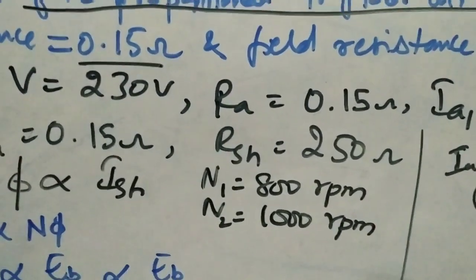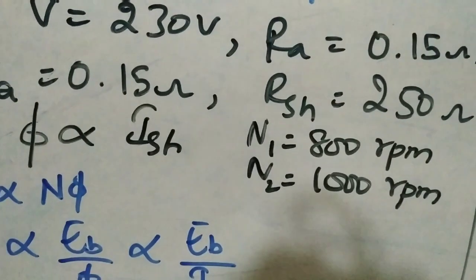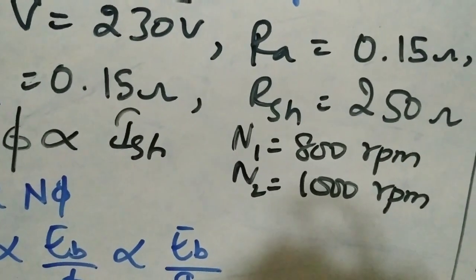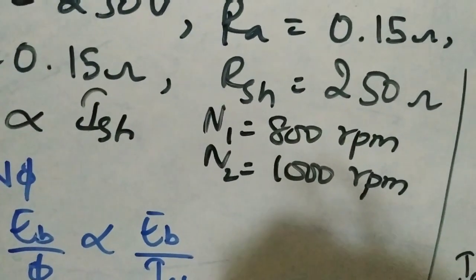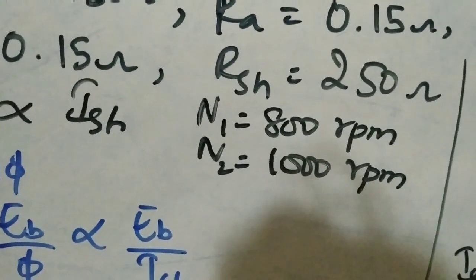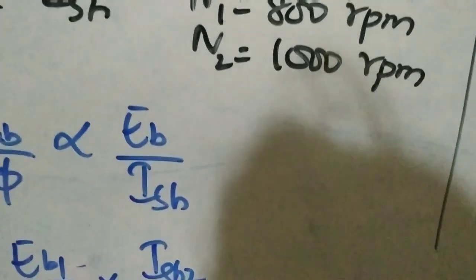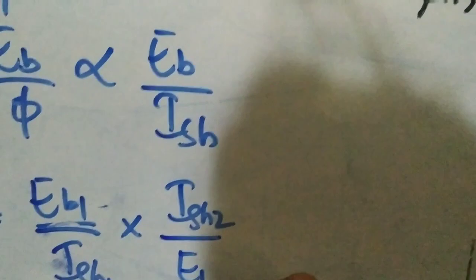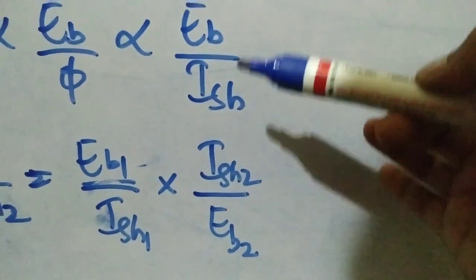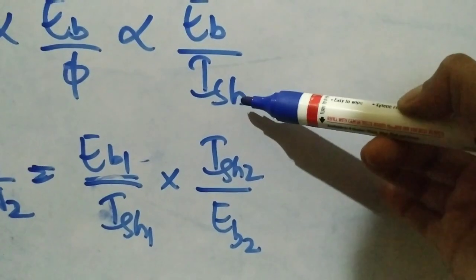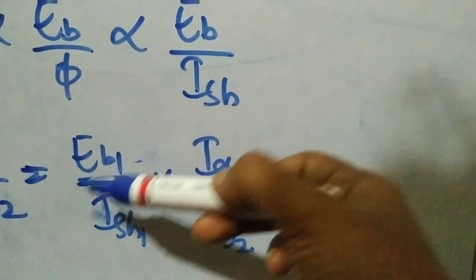There are two different cases, so N1 by N2 is equal to EB1 divided by I shunt 1, whole divided by EB2 divided by I shunt 2.